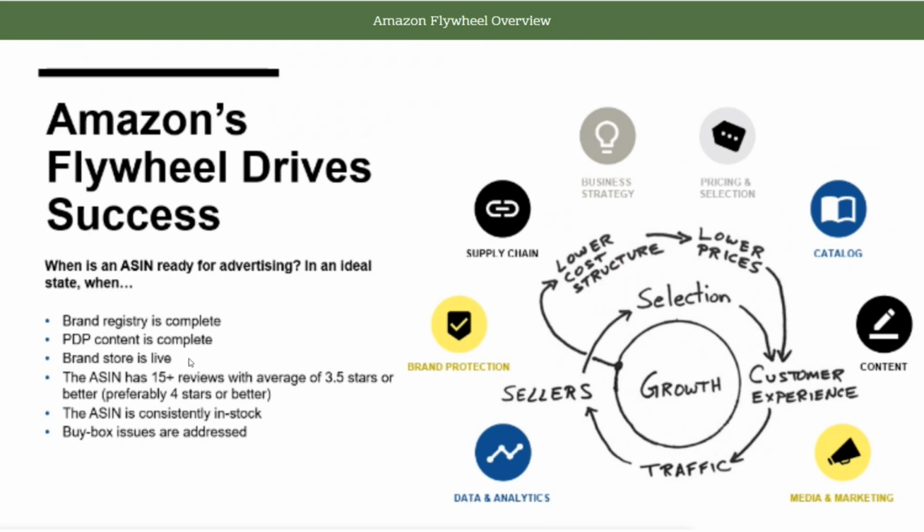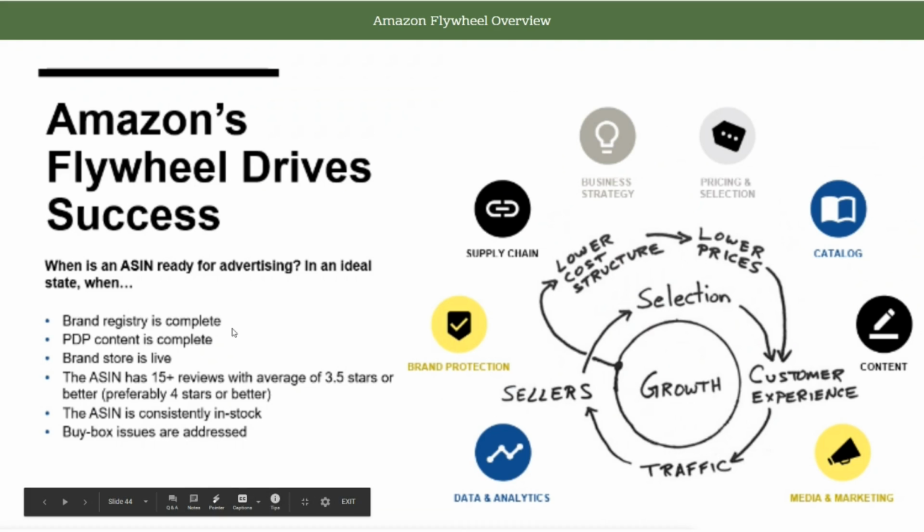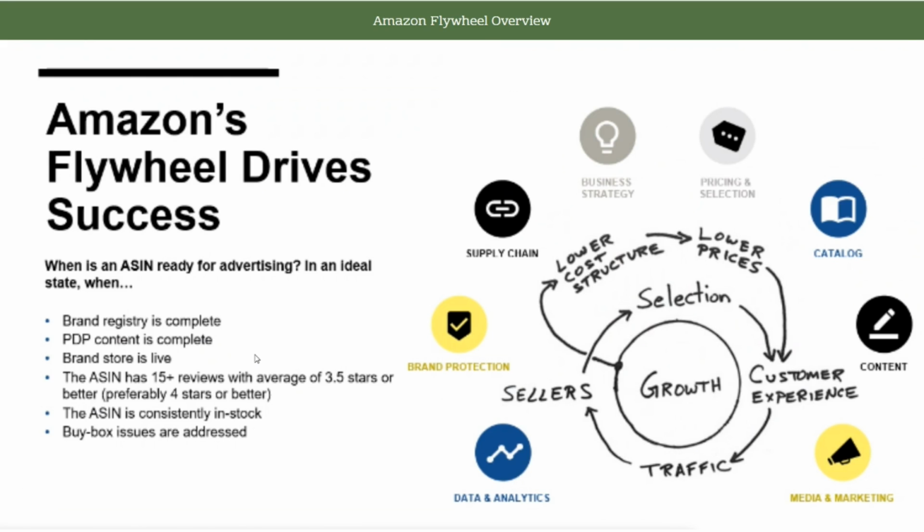So you can actually build a whole brand store on Amazon that looks similar to a website. Again, we'll discuss this in a later module, but making sure that that's live to give your brand a better presence on Amazon.